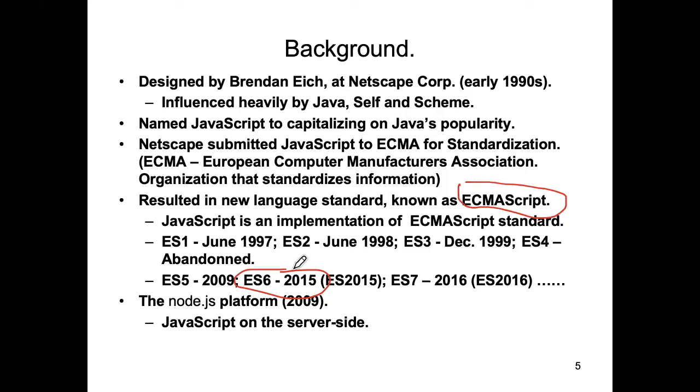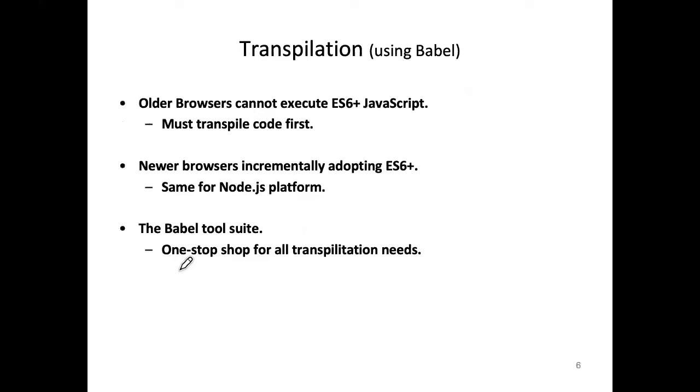The problem, though, is that we might write modern JavaScript, but there are lots of web browsers out there which predate 2015, and they cannot run that JavaScript. So we need to convert any modern JavaScript that we write back to ES5. ES5, we know every browser, new or old, can run. We don't have to worry about that conversion, though. There is a tool that does that for us called Babel.